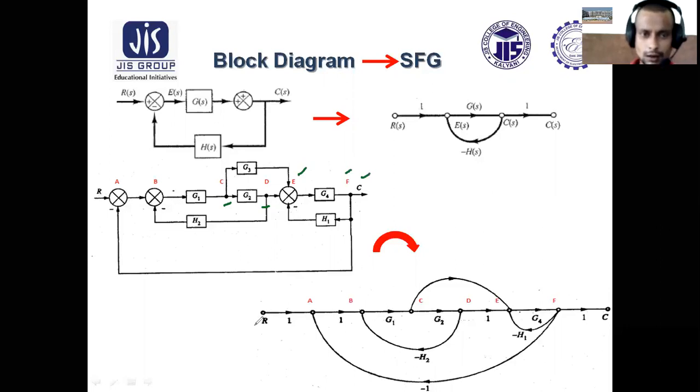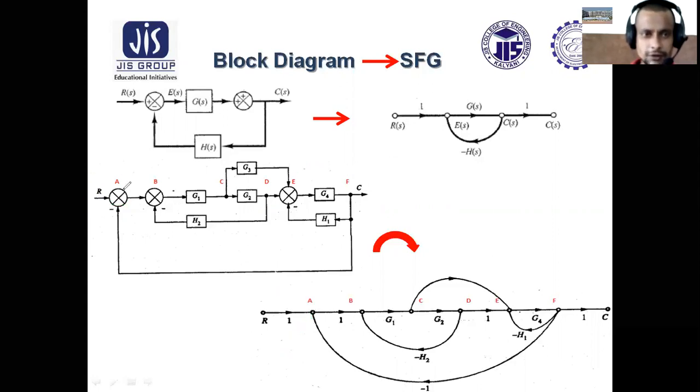Now this is input node R. In between R and summing point A there is no signal, that means unity gain. So in between R and A there is 1. Up to this it is completed, and this is represented by this.